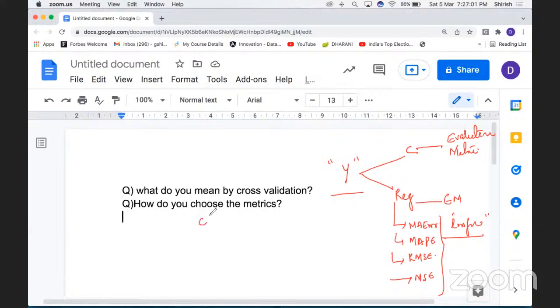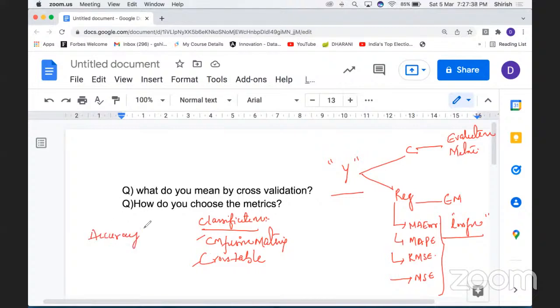But when it comes to classification models, what is the evaluation metric we will follow here? We will go for confusion matrix, or you can go for cross table, or contingency table, where you have actual values and predicted values, and based on that you calculate your accuracy.